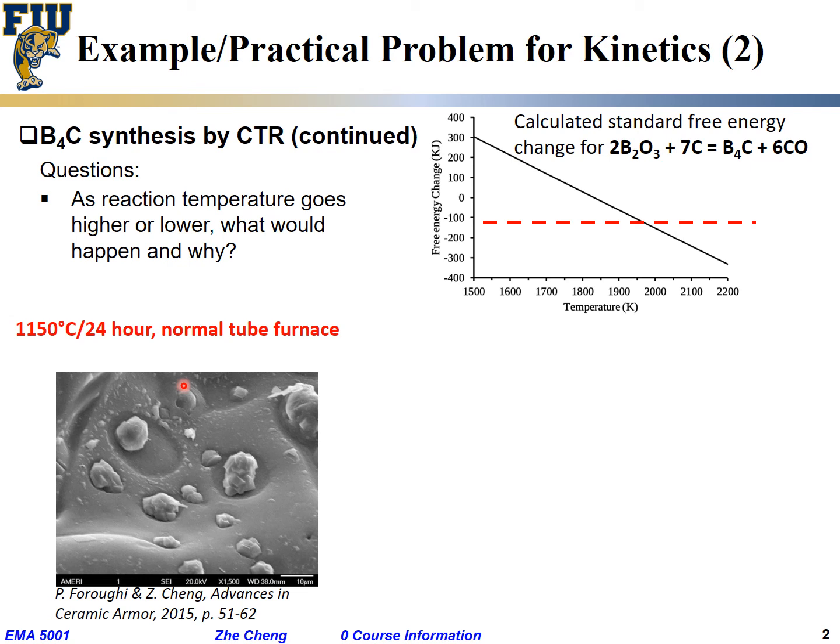And what about phase purity? Well, we said there's some boron carbide. But pay attention to this word, trace, which means when you do X-ray, the majority is not boron carbide. The majority is actually this very smooth amorphous host matrix material, which is essentially amorphous boron oxide plus amorphous carbon mixture.